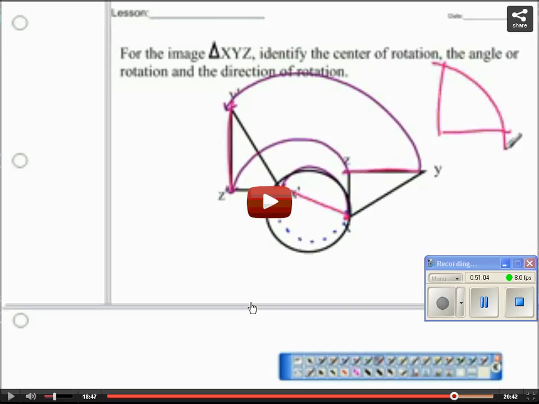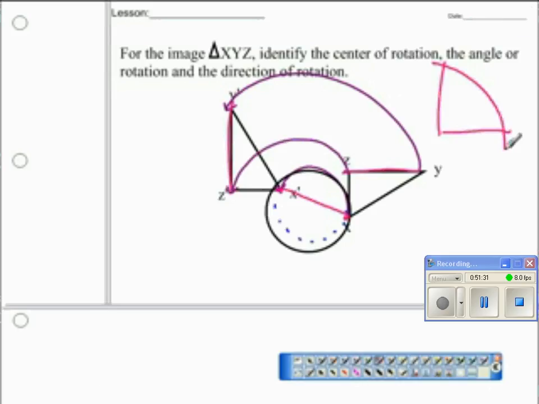Z to Z, that center of rotation is going to be somewhere where this segment is the same length as this segment, so it's probably actually over here a little farther. From here is the same as from here to there. So it's a 90 degree, and which way is it?